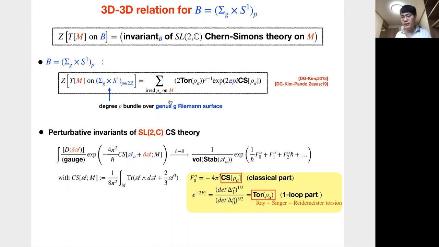I see. So when G equals 0 and P equals 1, you get 1. Yeah, G equals 0 and P equals 1. So this formula is quite non-trivial. If G equals 0 and P equals 1, this computes the ground state degeneracy of S2 times S1, and for a topological theory it should be 1.